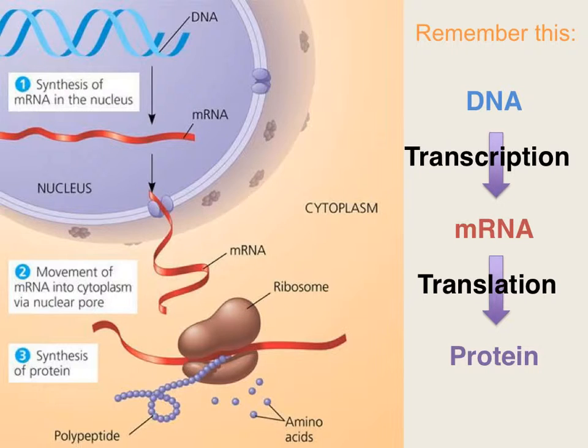Okay. So remember, this is the order in which things go. DNA, transcription, it's transcribed from DNA into messenger RNA, and then that's ferried out of the nucleus and into the cytoplasm, and a ribosome then translates that strand of RNA into a protein by stringing together amino acids in a specific order.